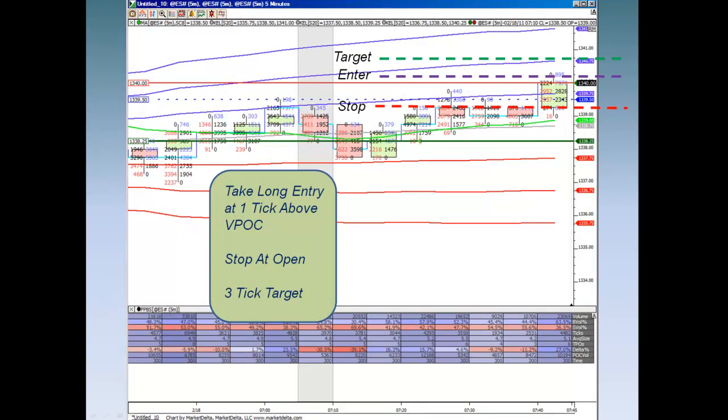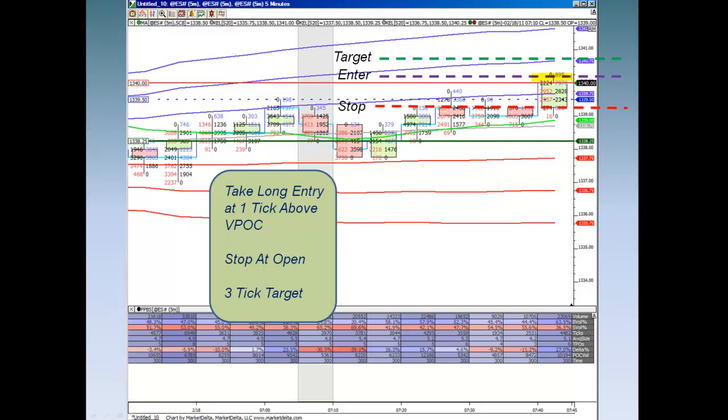Alright, now we get a new candle, and as we had suspected, it shows the buyers moving prices even higher, and this time we get a range extension to the upside. So we decide, let's take a long entry and let's get in on some of this action. Well, let's place our entry as usual, one tick above the volume POC.